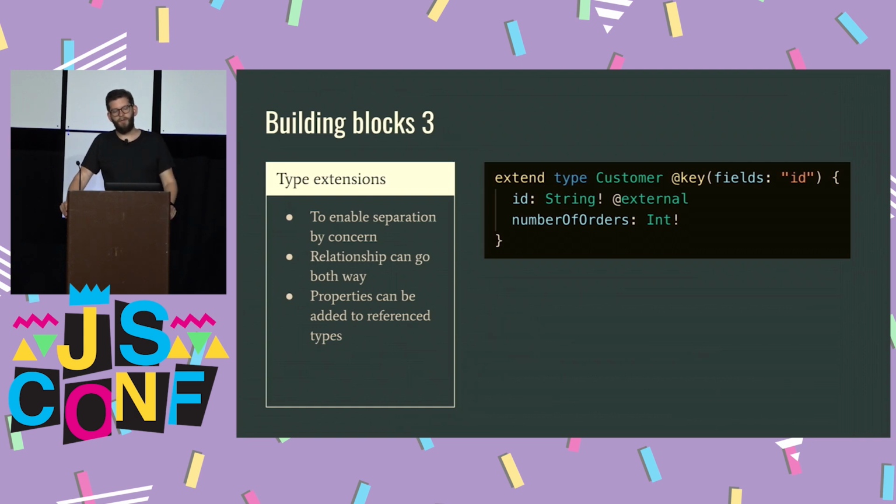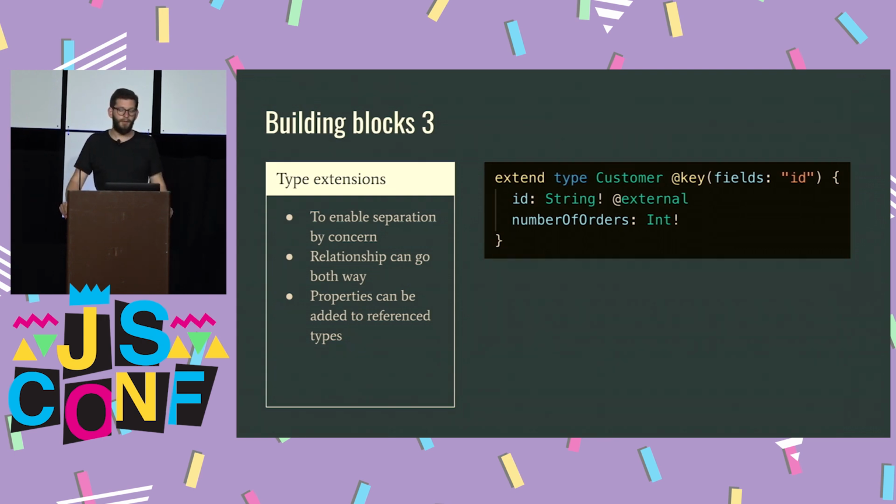And now we want to add some properties there, because just imagine in the order service, we want to know the number of orders for one customer. I mean, there's no point in adding this data to the customer service. It doesn't concern it. So we have to add it to the order service.